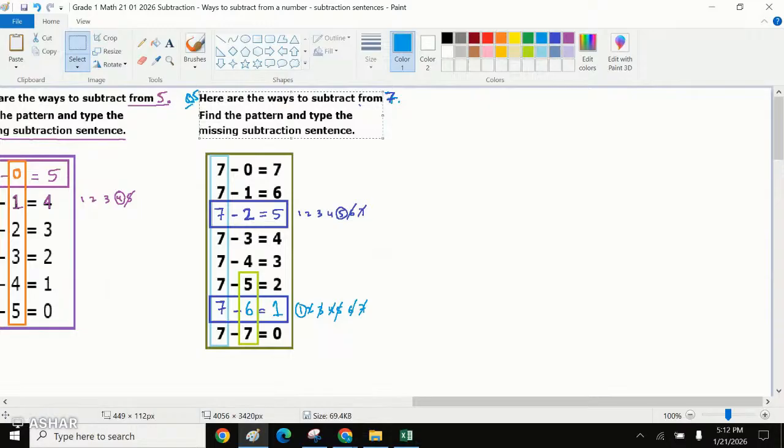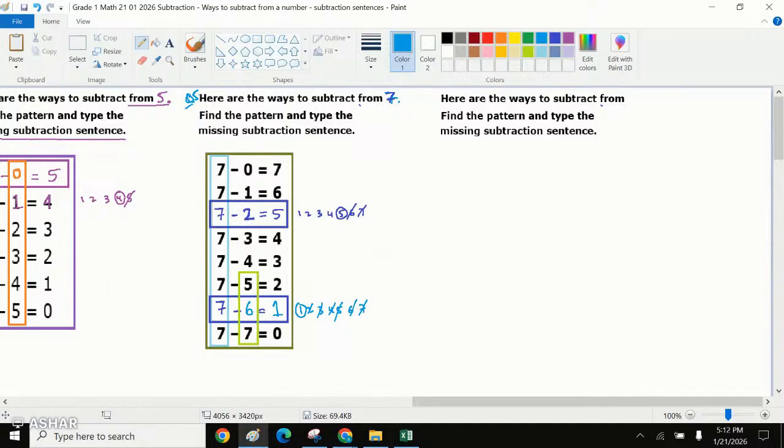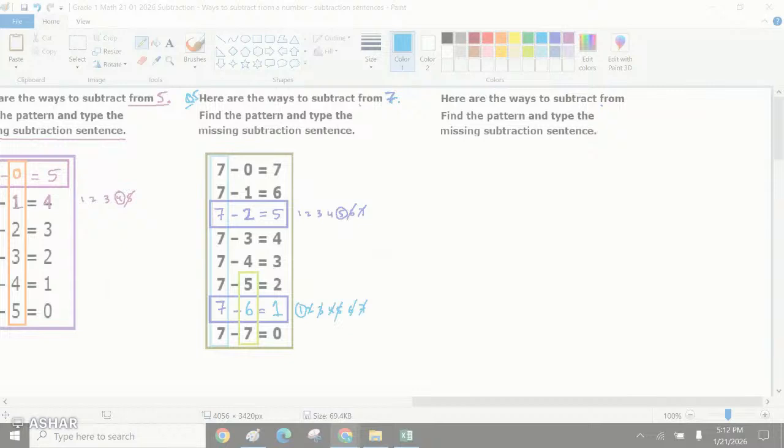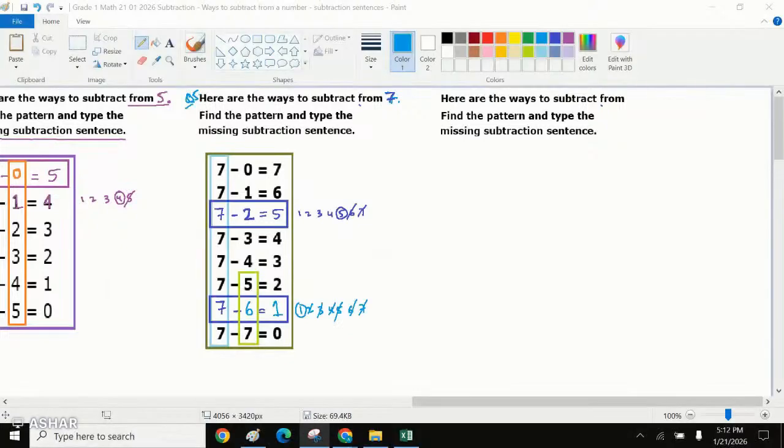Let's say we are doing question number 6, and let's try to see what values are given to us. We have to find the missing statements. It says subtract from 4.